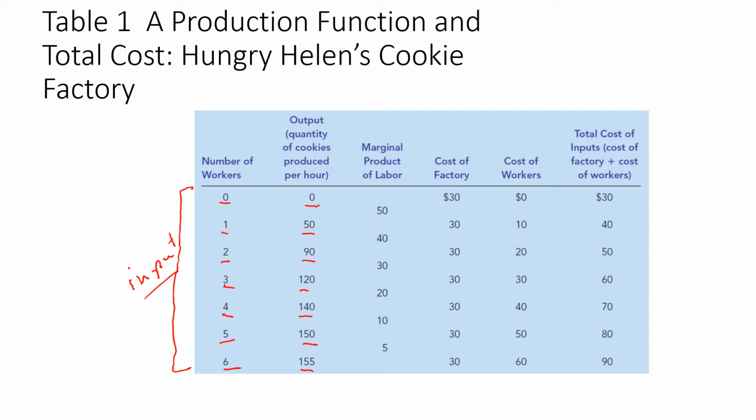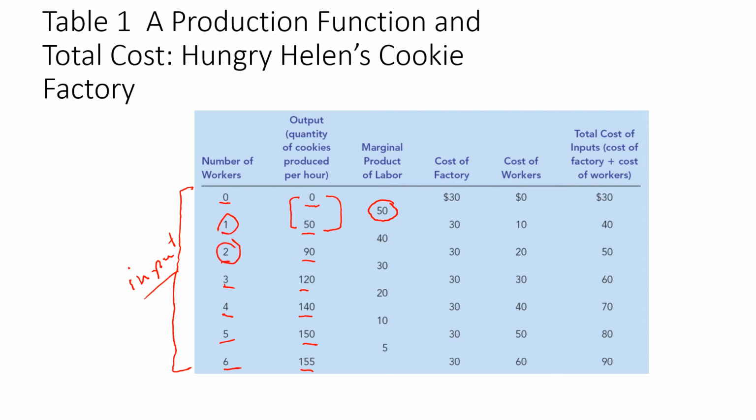What you see here is that when we were hiring 0 workers, there was no production. But with the first worker, the output was 50. The difference between these two is 50, so the marginal productivity of the first laborer is 50. Then we add another laborer. From 1 we move to the second.